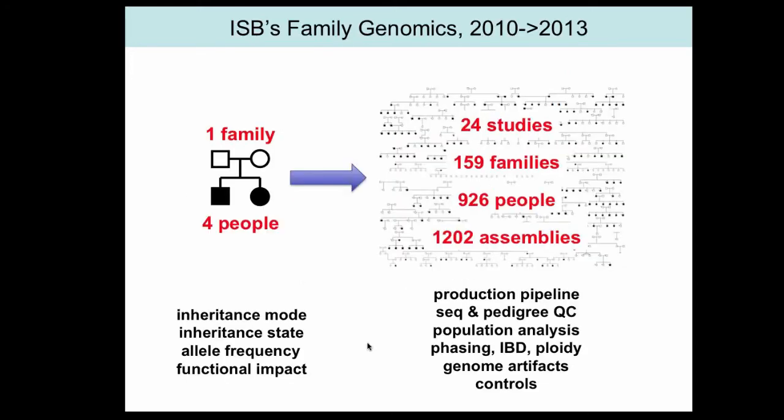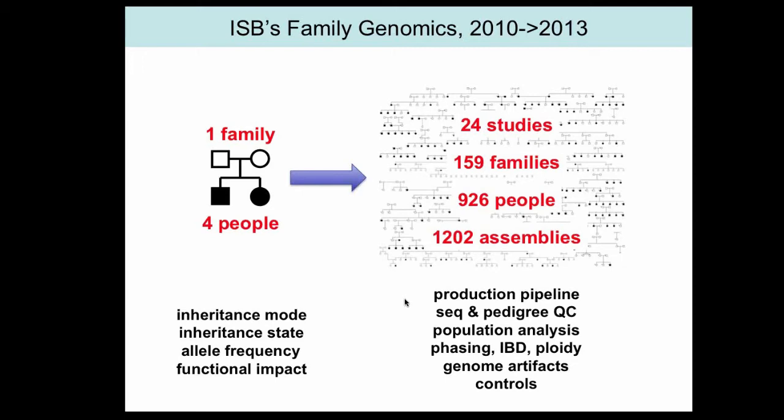Since then, our team has expanded quite a bit the scope of analysis. We moved from 1 family with 4 people, using all 4 constraints that I mentioned, to now having many studies, including over 900 people. Consequently, we definitely had to enhance our ability to analyze many genomes, and we started learning a whole series of additional constraints and concepts that we can use to improve the analysis.